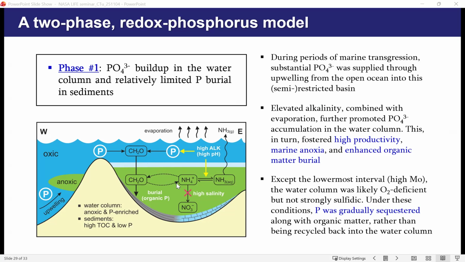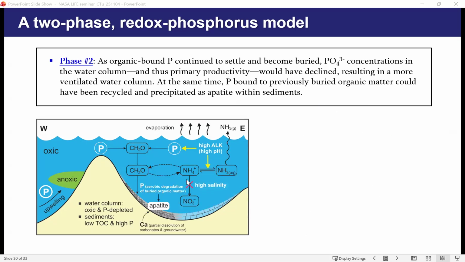Except for the lowermost interval, the water column was likely oxygen deficient but not strongly sulfidic. Under these conditions, phosphorus was gradually sequestered along with organic matter, rather than being recycled back into the water column. However, as organic-bound phosphorus continued to settle and become buried, phosphate concentrations in the water column, and thus primary productivity, would have declined, resulting in a more ventilated water column.